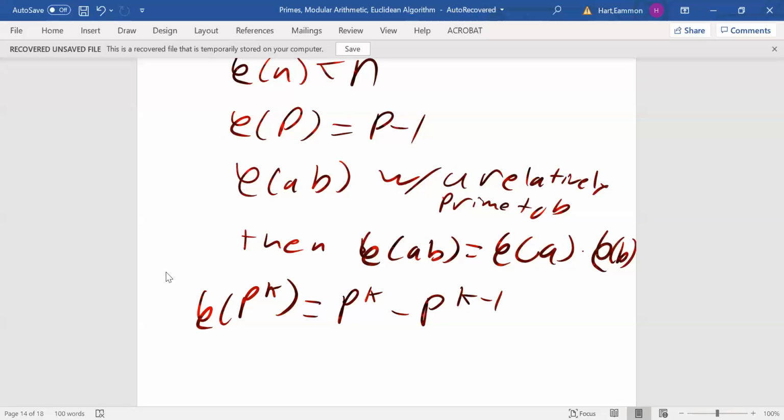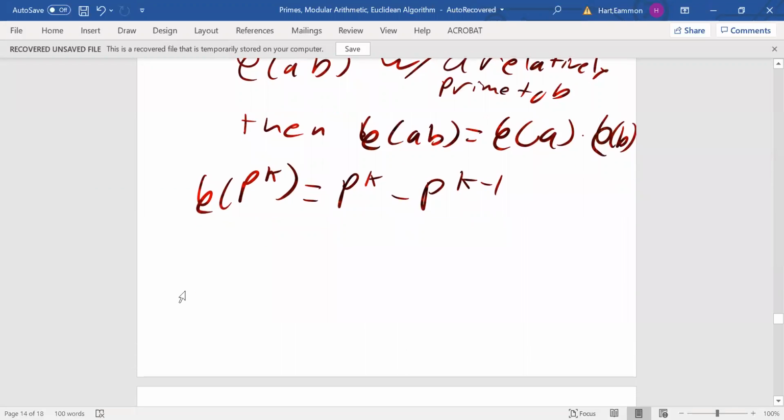Anything that is a multiple of p. Also, we can check back up here. This is just p to the 1, right? So this is equal to p to the 1 minus p to the 0, because p to the 0 is just 1. So this is just a special case of that.